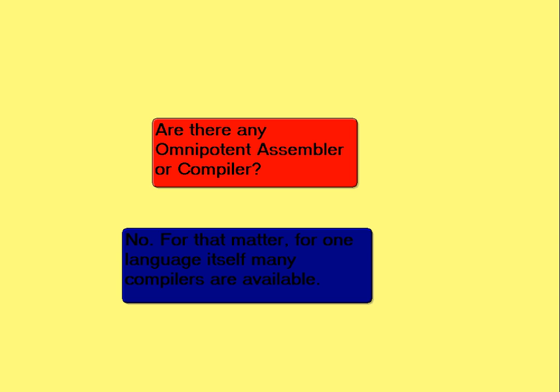For example, for C language, we have Turbo C, Borland C, Microsoft C compilers. Similarly, for the case of PC, we have NASM, TASM, MASM, etc. type of assemblers. That way, one should say that there is no availability of a universal compiler. Having such a one is a very difficult task.